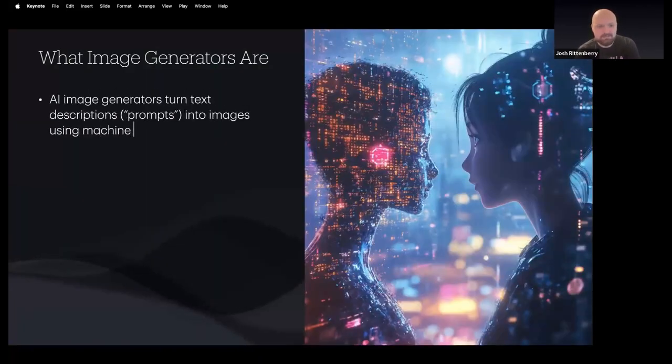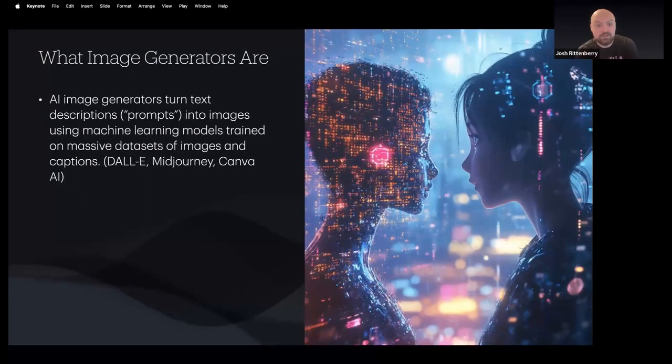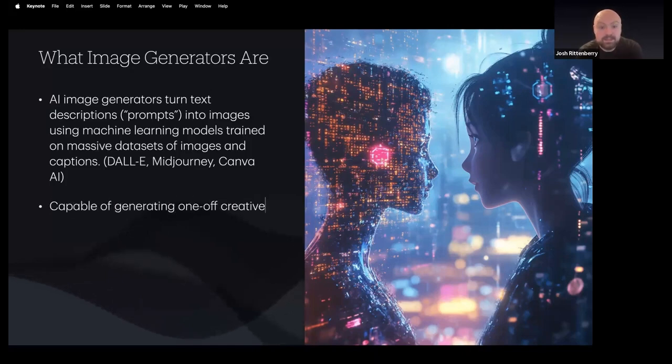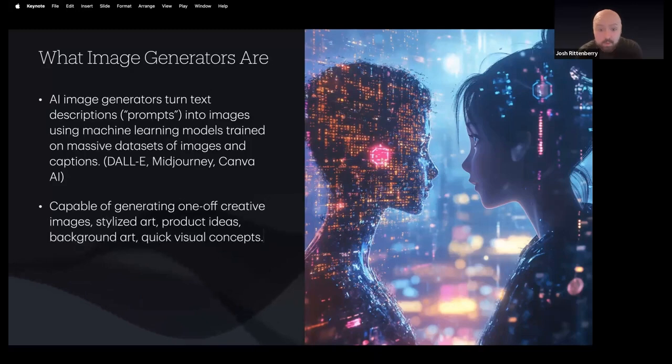As I said, they turn your text descriptions into prompts, and they're trained on massive data sets. So examples: Midjourney, Dolly, Canva. They're capable of creating just one-off images, but a lot of the developments now allow you to go back and forth with the model and iterate on specific things, which wasn't possible in earlier models.